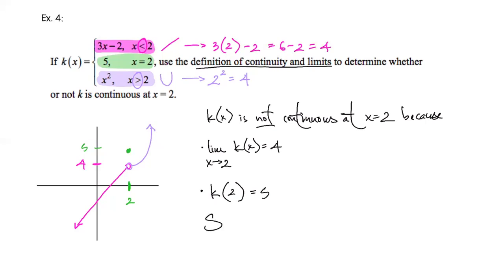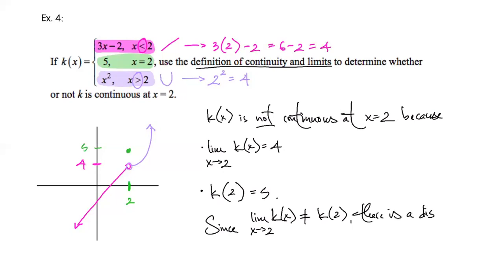Now we can say, because of those two things, since the limit as x approaches 2 of k of x does not equal k of 2, there is a discontinuity at x equals 2.